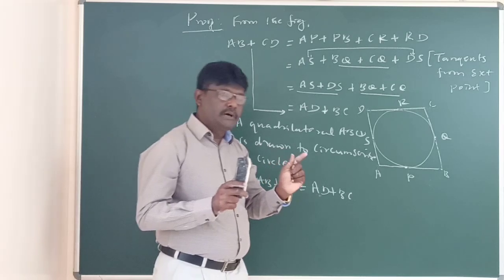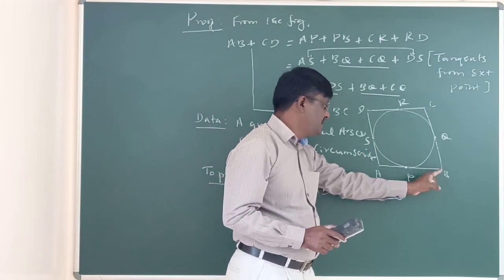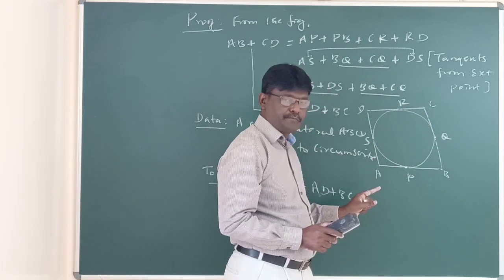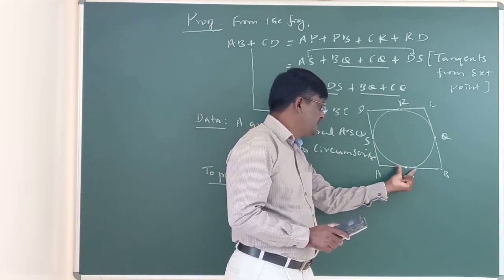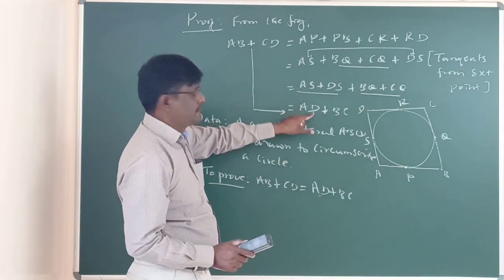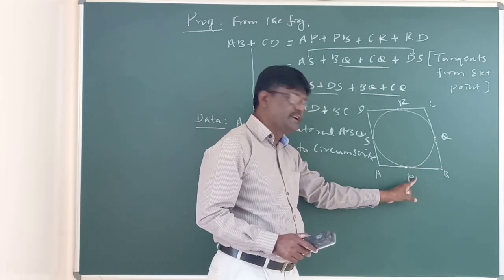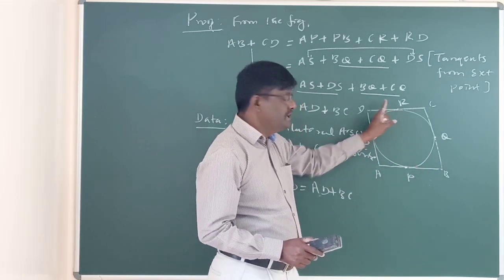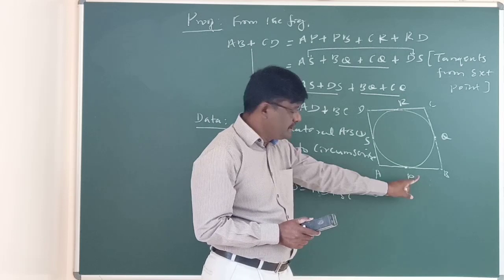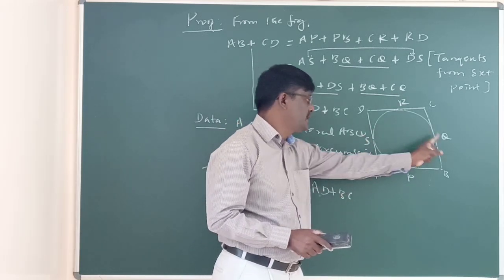Here observe this clearly, children. What is that? If a quadrilateral circumscribes a circle, then the sum of opposite sides are equal. For example, if AB is 5 cm and CD is 8 cm, what about the sum of these two sides?